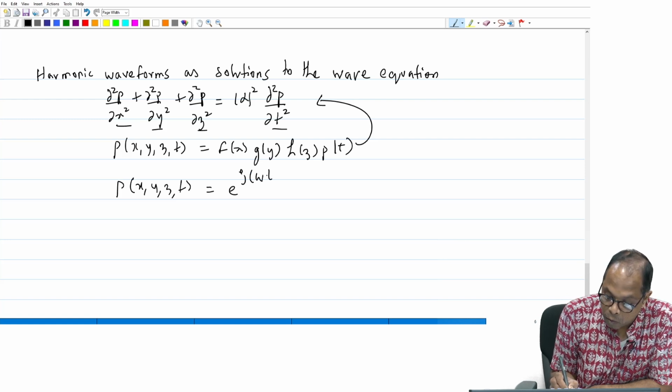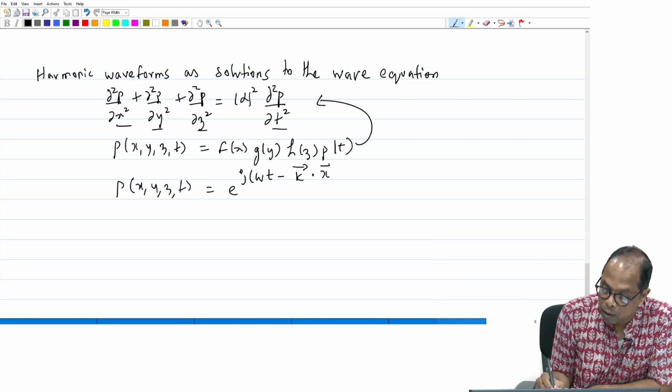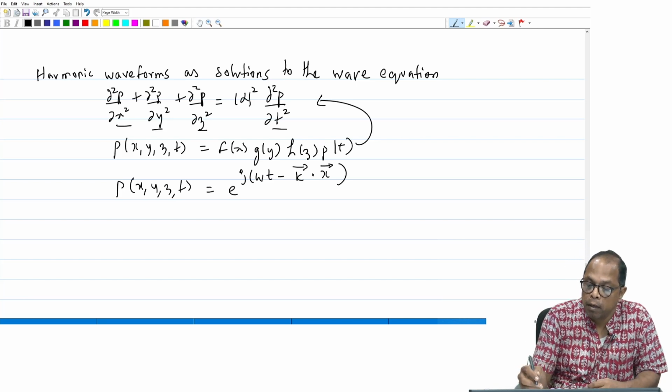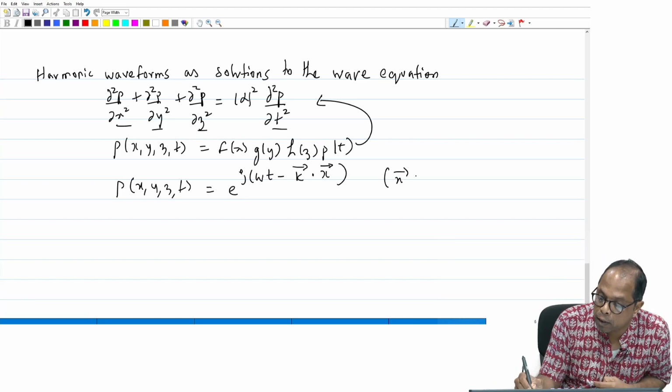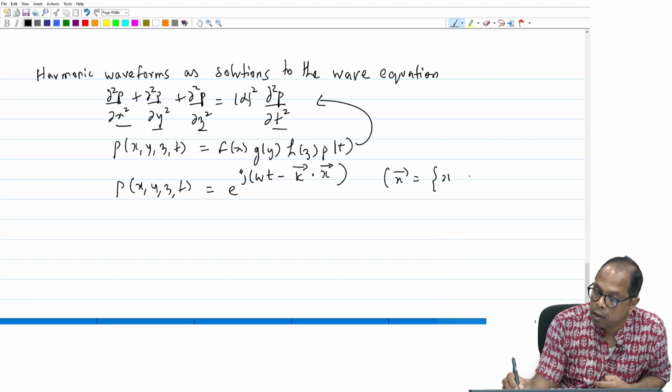times omega t minus this wave number vector k vector, dot product with a position vector x, where your position vector x is x, y and z.